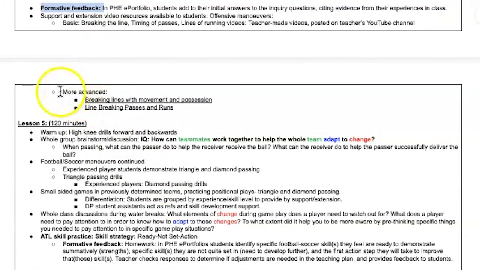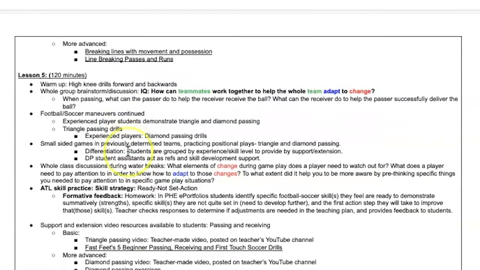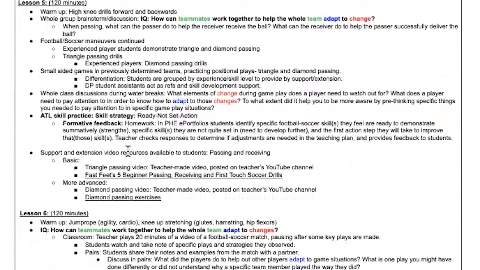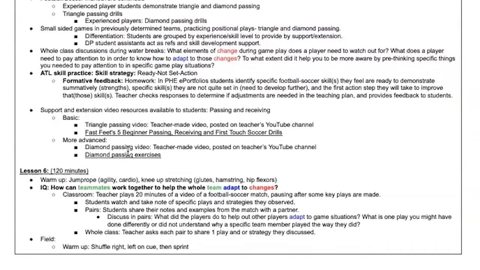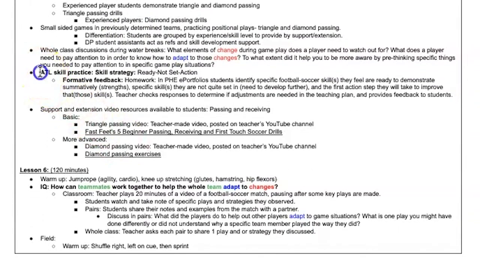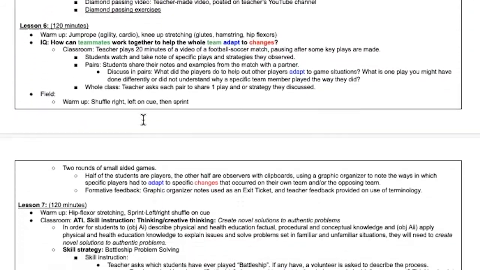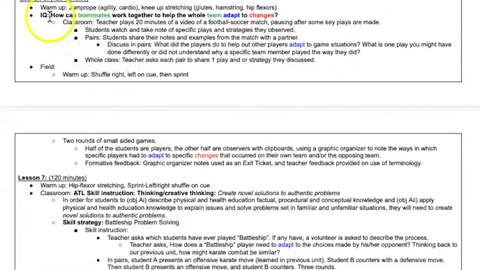They also have some of their differentiation methods. How is support and extension offered? How are more advanced students supported? Again, another ATL skills practice. And another inquiry question is used here.